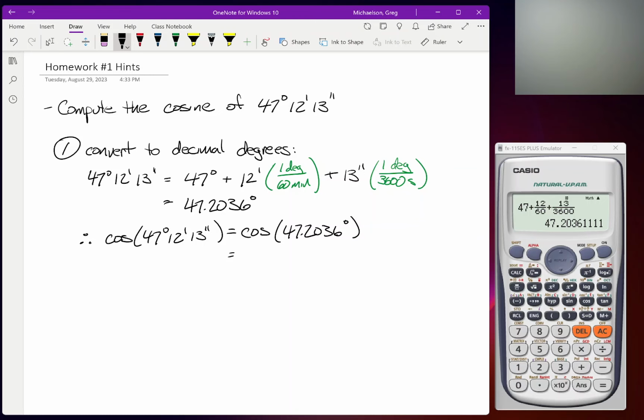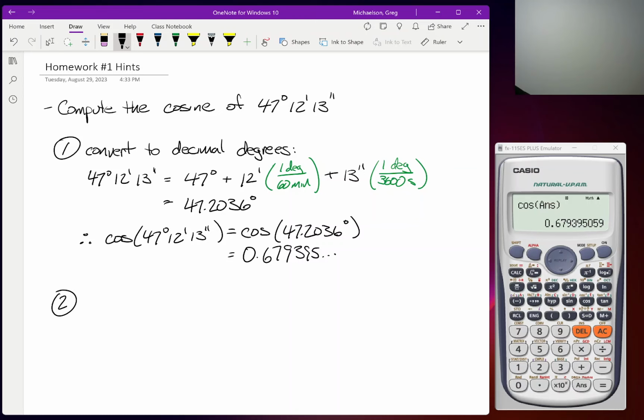And then the cosine of my answer comes out to 0.679395, etc.